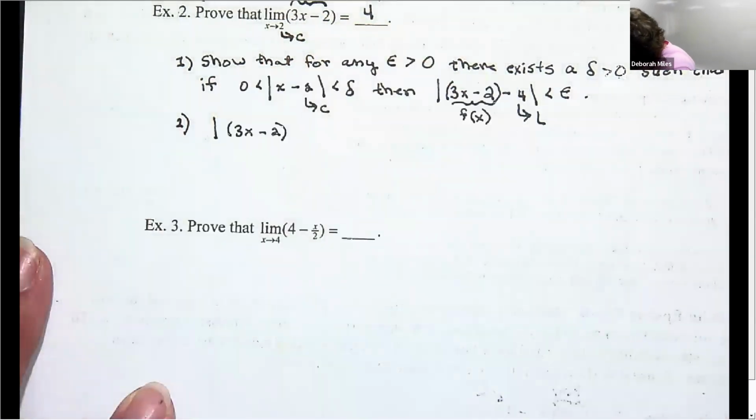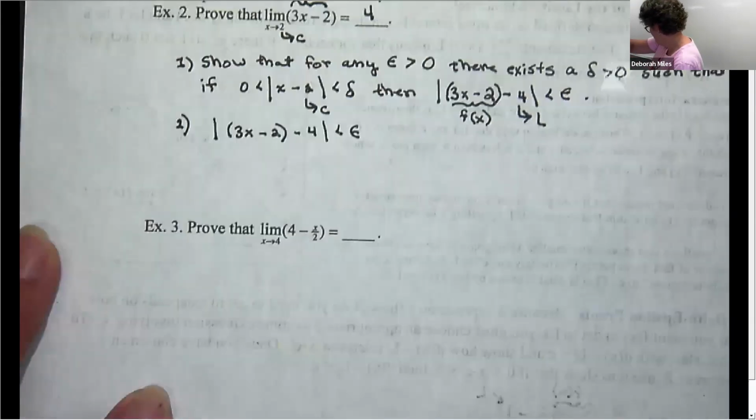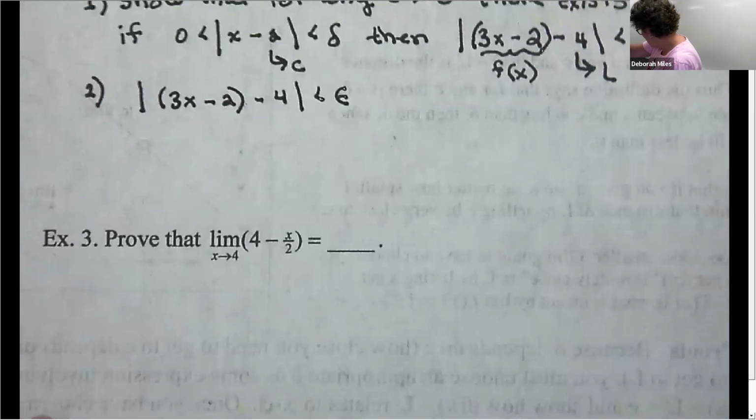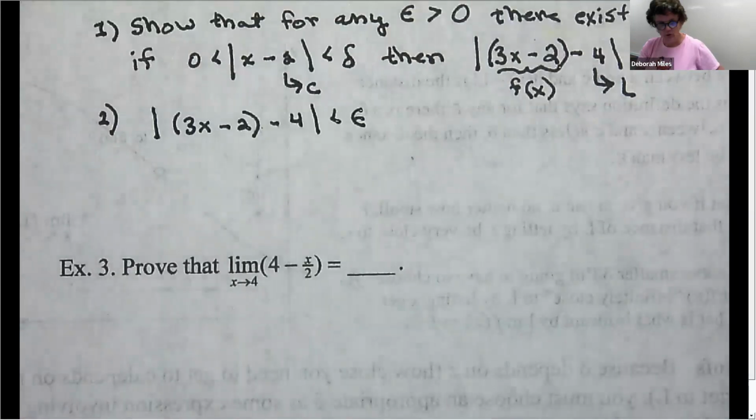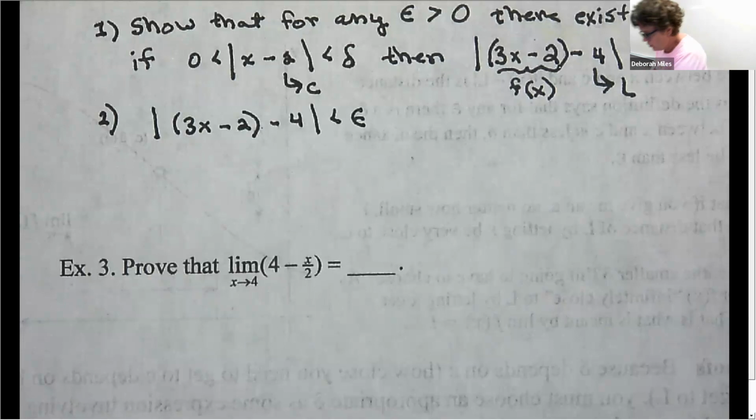Absolute value of 3x minus 2 minus 4 is less than epsilon. And we want to work on that left-hand side until it just becomes what? The absolute value of x minus 2. So we could combine like terms.